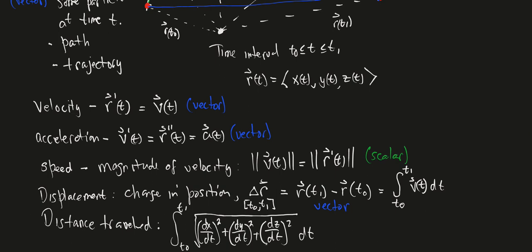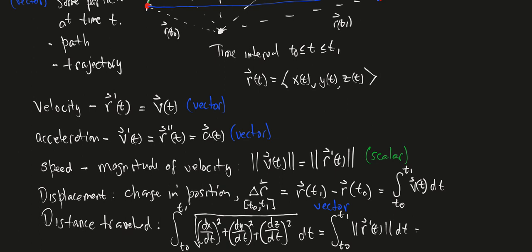But this is precisely the magnitude of the derivative of this function. So let me write it like this. That's why I wrote this other notation here, because that's the compact shorthand notation for this expression.